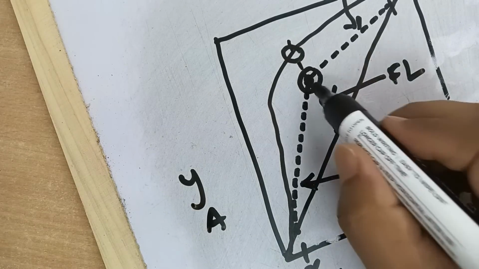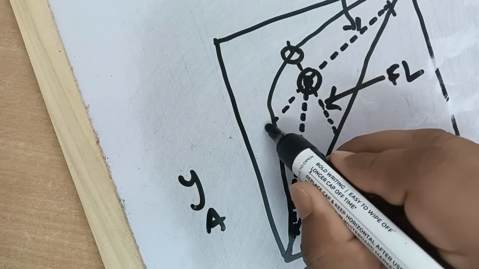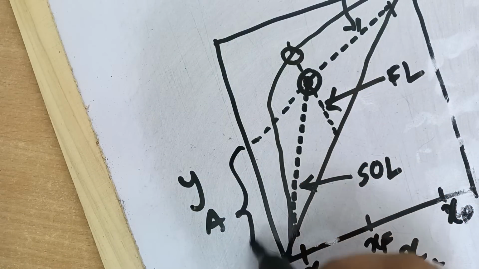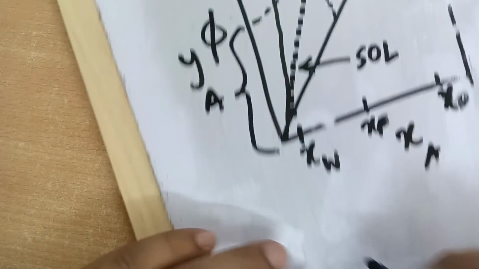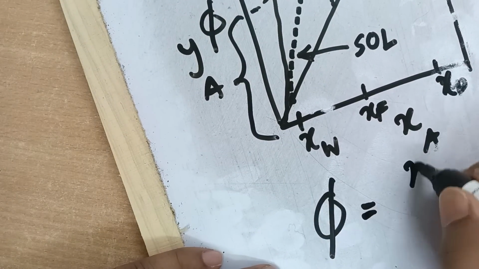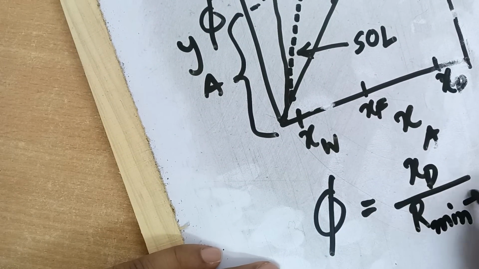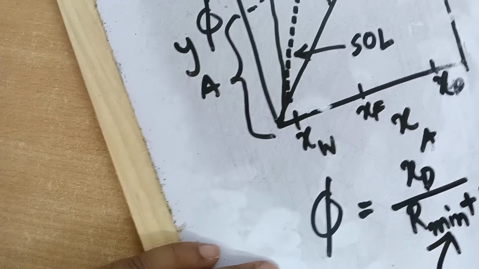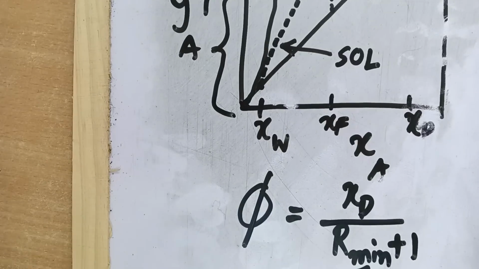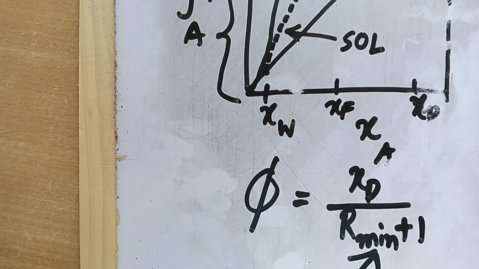Okay, and now you extend the enriching section operating line to find out the y-axis intercept, which is phi. So phi stands for xd over R minimum plus 1, and this will give you the right value of R minimum.